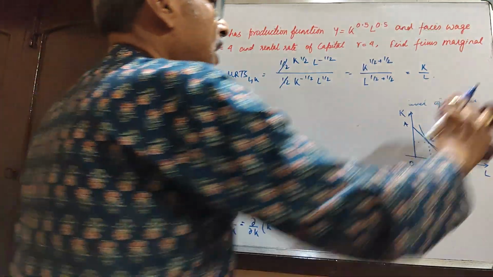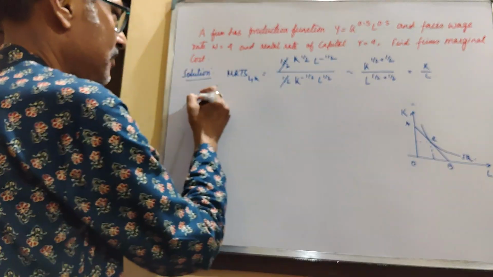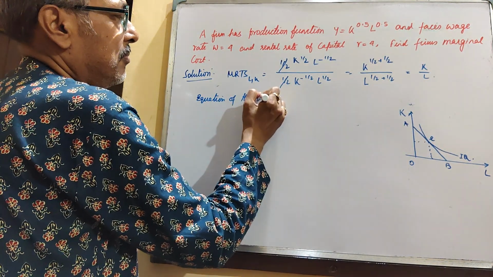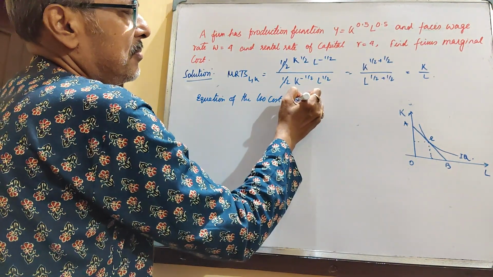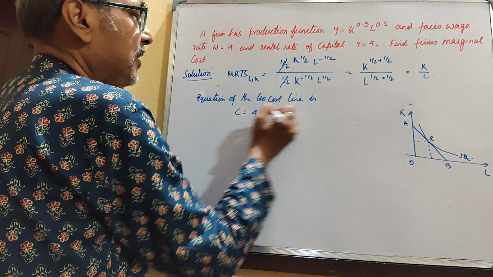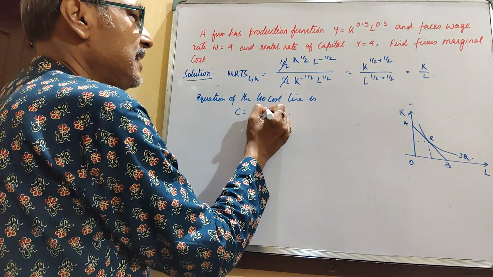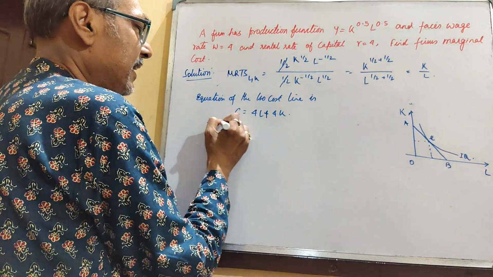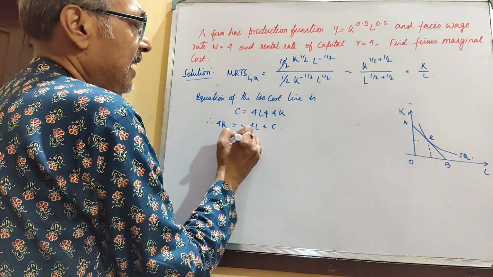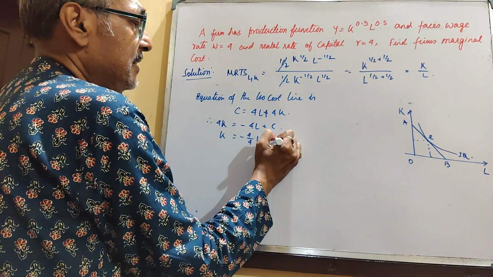Now the equation of the iso cost line is C equals 4L plus 4K. Along the iso cost line, C is constant. C is the cost. Therefore, 4K equals minus 4L plus C, or K equals minus 4 by 4 L plus C by 4.